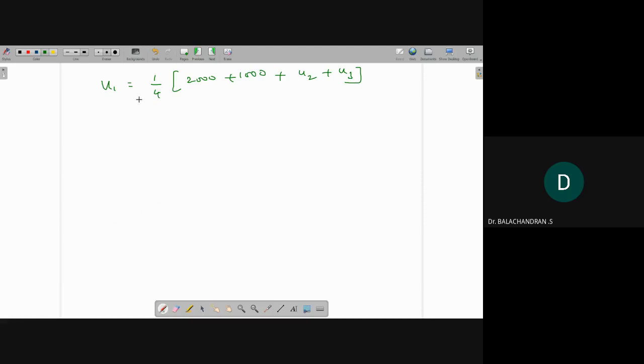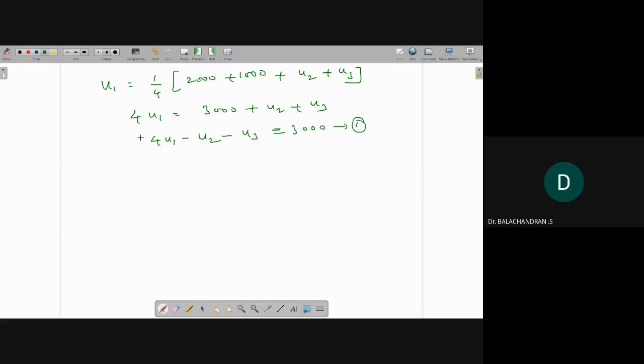Now from this you can simplify: 4u1 equal to 3000 plus u2 plus u3, or 4u1 minus u2 minus u3 equal to 3000. Call this equation 1.